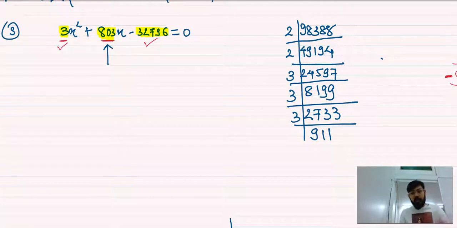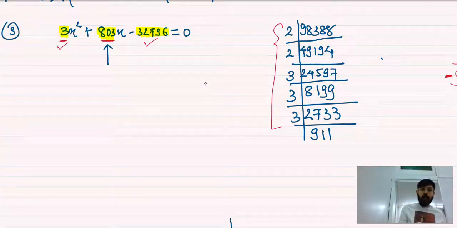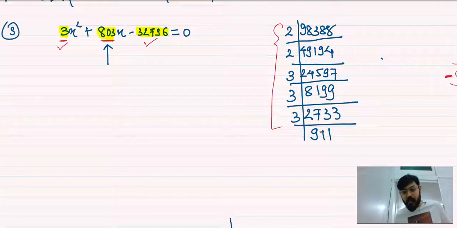If it is fairly close to 911, I would like to take my chances and multiply all these numbers into a group and see what happens. So 2 twos are 4, 4 threes are 12, 12 threes are 36, and 36 threes are 108. Now we'll check whether 911 and 108 will give us 803 or not.